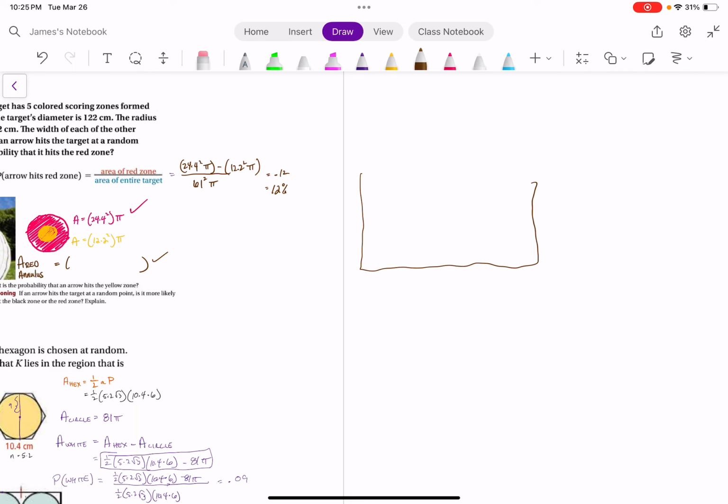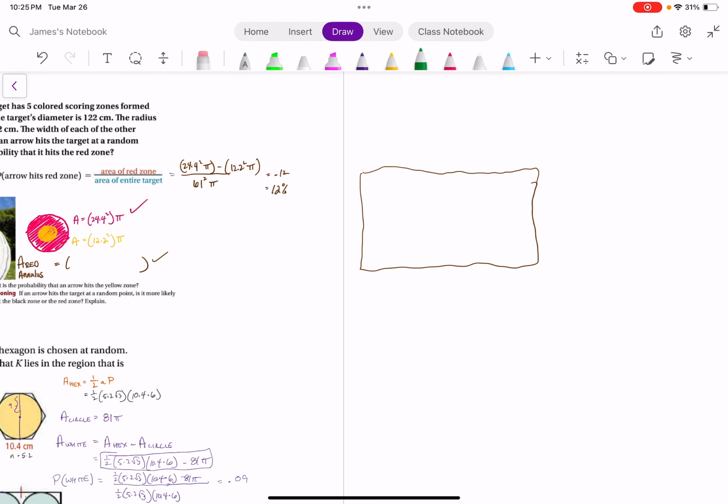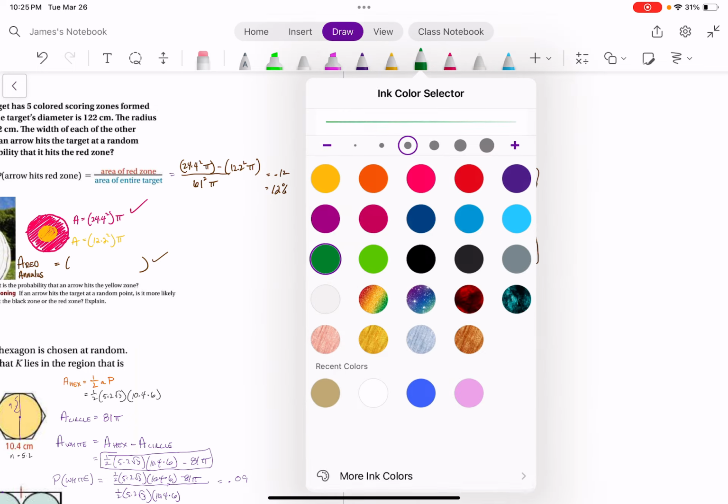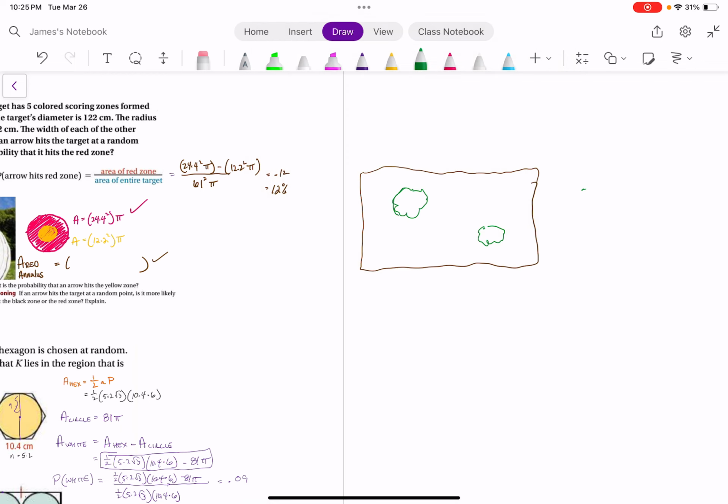I used to give a problem, and I don't know if it was an instructor created problem, where I would take a field, so you have an aerial view here of a cornfield, and maybe we've got 2 trees in that cornfield, and we estimate that the foliage of those trees are perfect circles.